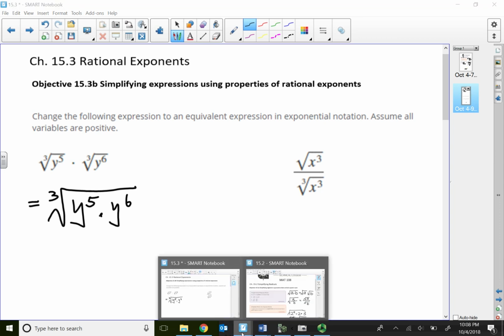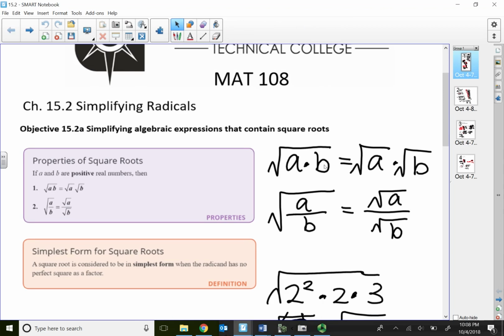Just like before, when we first saw this, we would split them apart. Now we're looking from the other perspective, putting them back together under the same root.